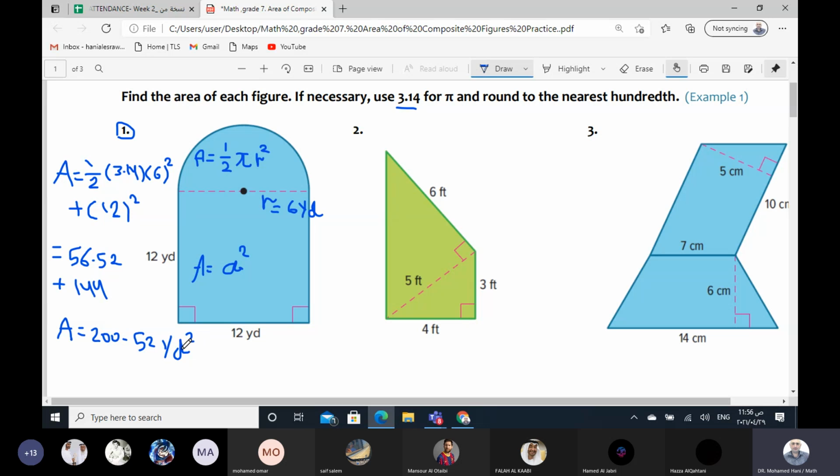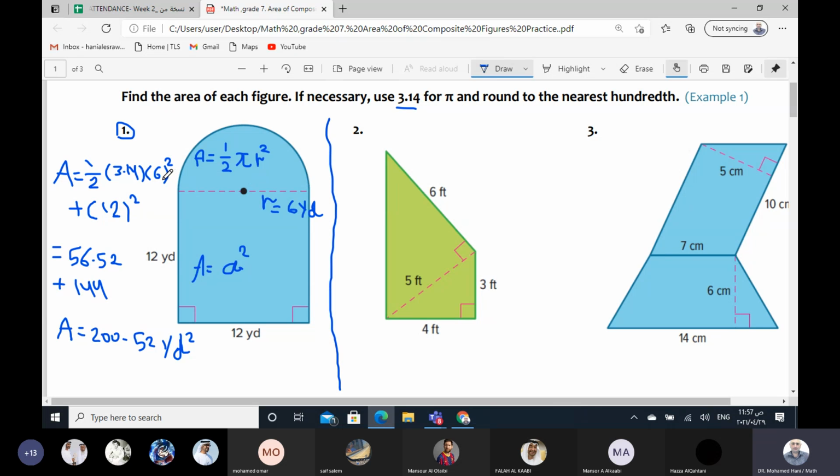Who has any question here? Sir, I didn't understand. At the first step, look at the composite figure and try to find the familiar areas.